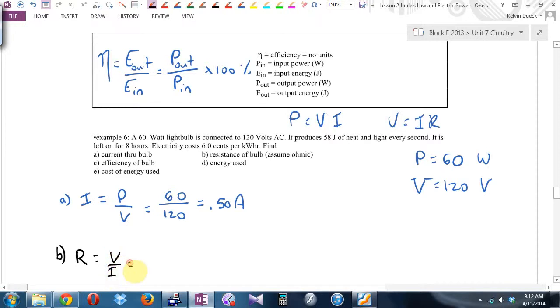You waking up? 120 divided by 0.5. I should be able to do that in my head, because dividing by 0.5, what's that the same as multiplying by? No calculator, Sanj. In your head, 120 divided by 0.5, which is the same as timesing it by 2. What's 120 times 2 in your head, please? Yes, thank you. This bulb has a resistance of 240.